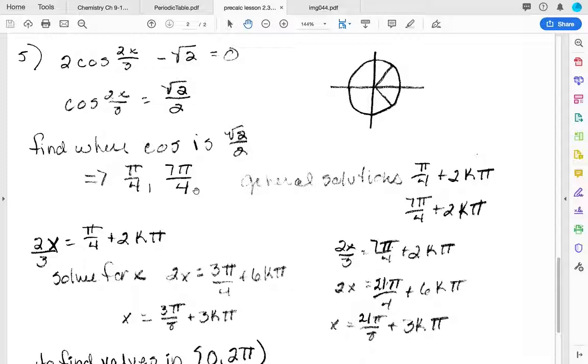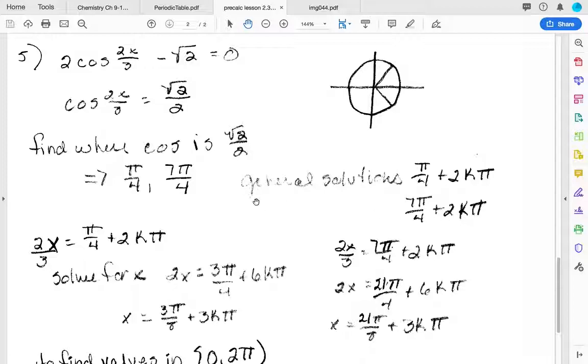If I'm looking at general solutions, meaning any angle that will work, even angles smaller than 0 and bigger than 2 pi, I do pi over 4 plus 2k pi, and 7 pi over 4 plus 2k pi, meaning plus any multiples of 2 pi.